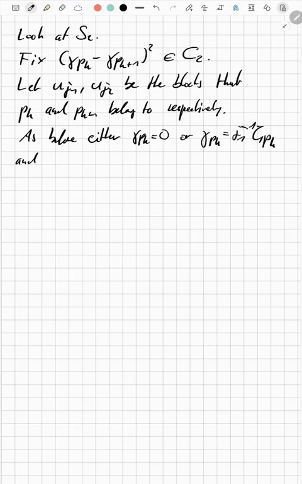And the same goes for γ_pk+1: it is 0 or equal to j2^(-1) times ζ_pk+1.